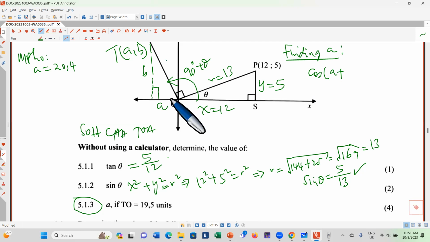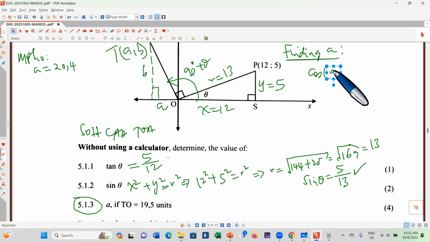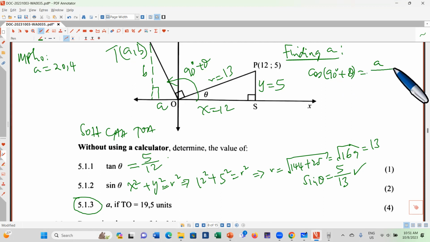So with adjacent, the hypotenuse is actually TO. Right, so what I meant here was that you have the angle 90 degrees plus theta. The adjacent is A over the hypotenuse is TO.